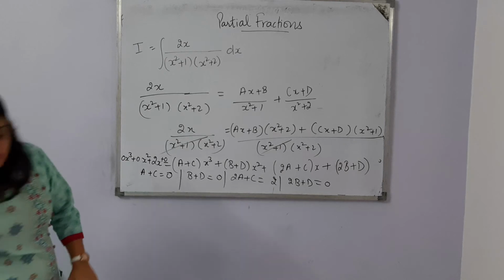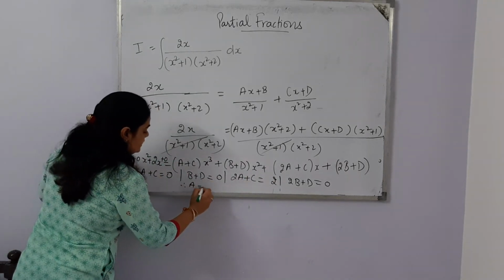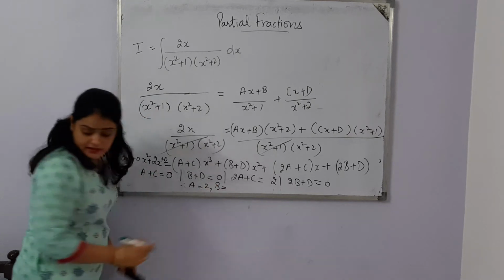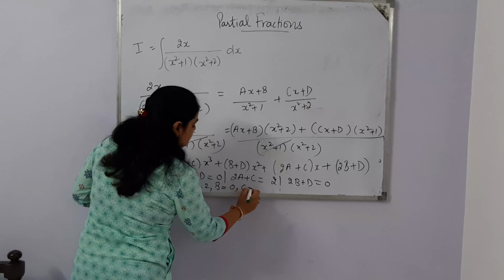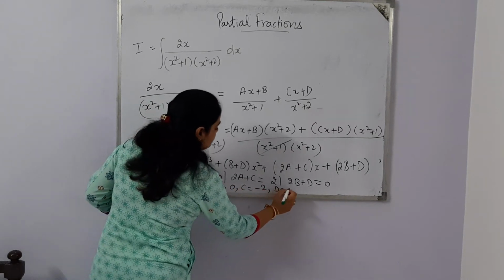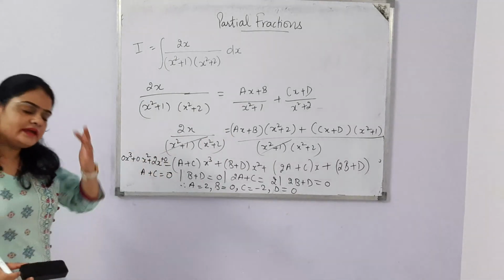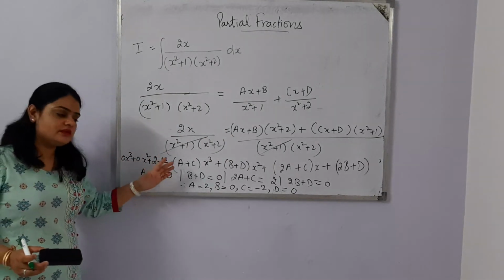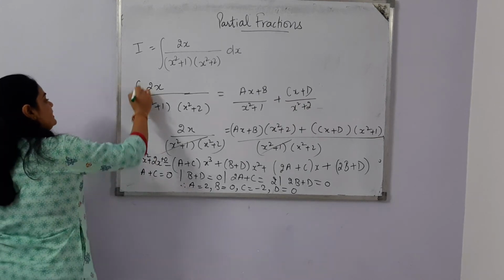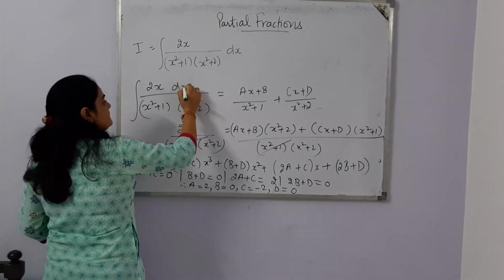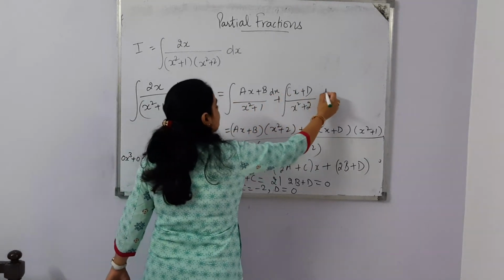We have a equals 2, b equals 0, c equals minus 2, and d equals, again, 0. So after applying any of the criteria, substitution or elimination, you can find it. Now we have a, b, c, d, so we need to find the integration.